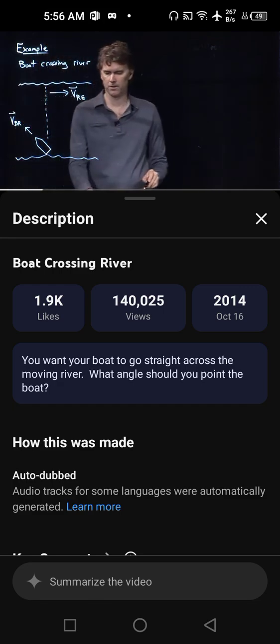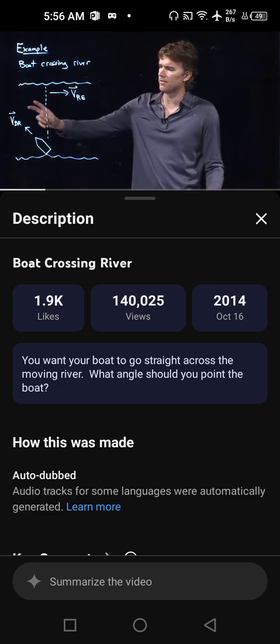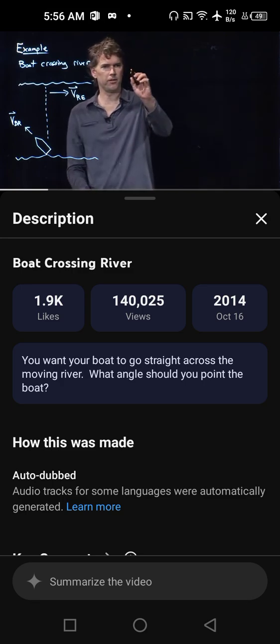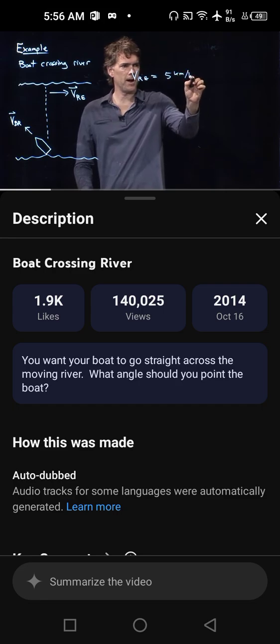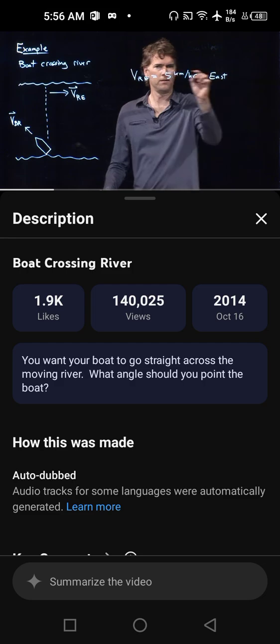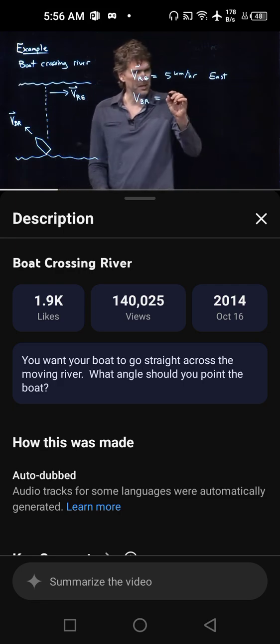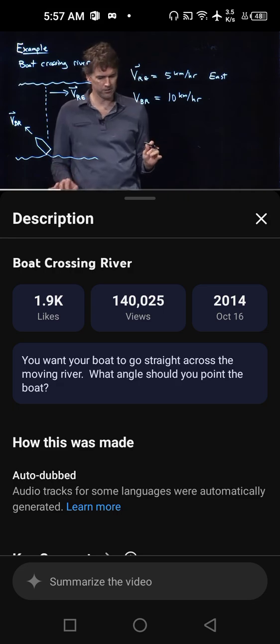Okay, so here's our two relative velocities. We have the velocity of the river relative to the earth and the velocity of the boat relative to the river. And let's give you some numbers. Let's say that the speed of the river relative to the earth is 5 kilometers per hour, and it is heading east. And the velocity of the boat relative to the river, the maximum speed that it can do is 10 kilometers per hour, and we don't know what the angle is yet.